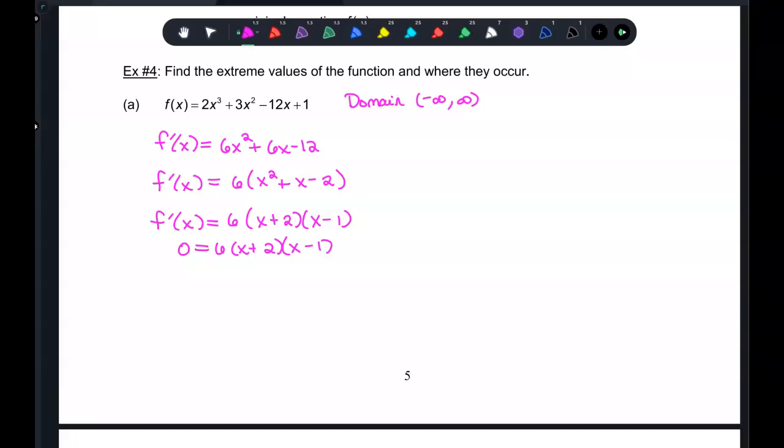Well, the 6 has no impact on that, right? We can divide both sides by 6. So I have 2 critical points: x equals -2 and +1. There's no denominator, so there's no place where this is going to be undefined.